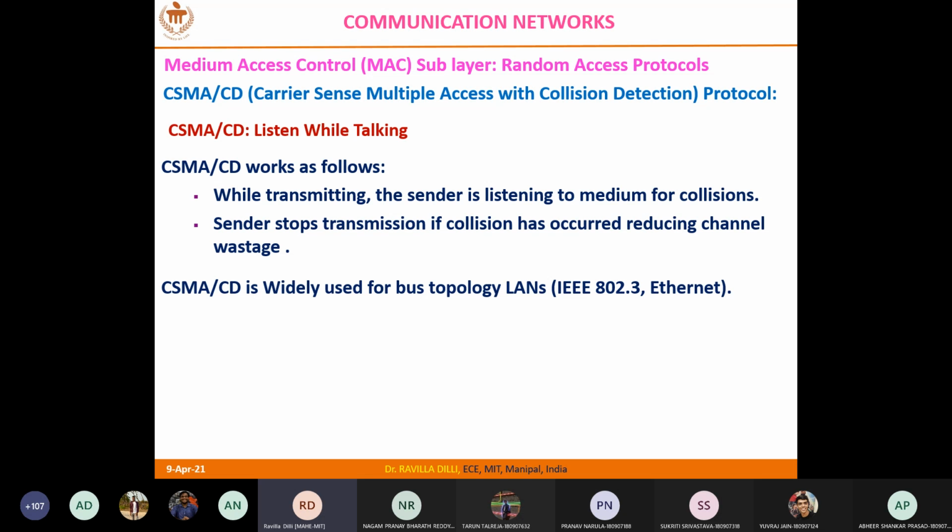CSMA/CD. Fundamentally, CSMA is what we have discussed; the same thing we have to repeat. Apart from that, you should also do collision detection. For simple understanding, take it this way: simple CSMA says listen before you talk.